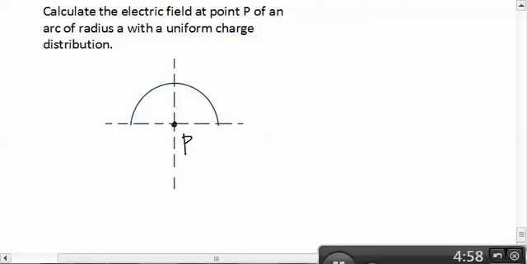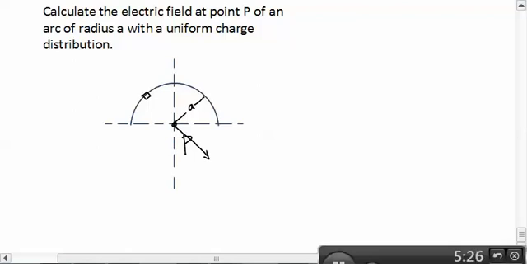So our charge is smeared out over this arc. It has a radius of A. And if we have a little bit of charge right here, you're going to have an electric field pointing down and to the right. If you have a little charge over here, you're going to have an electric field pointing down and to the left. So overall, what's the direction of our electric field?